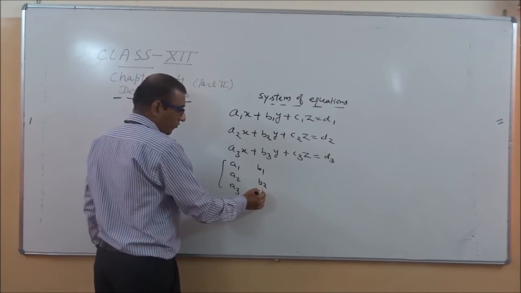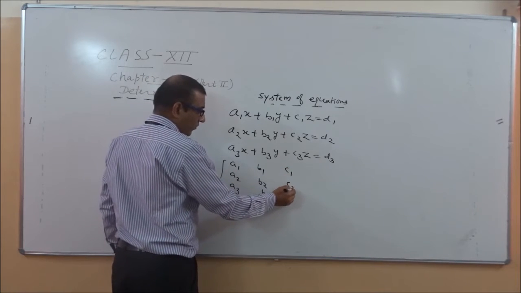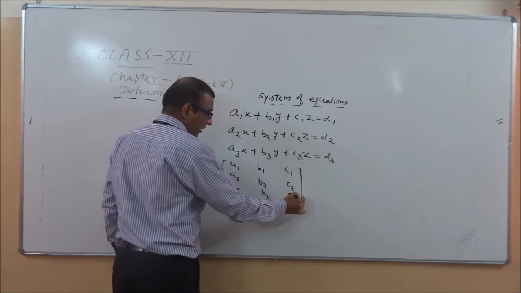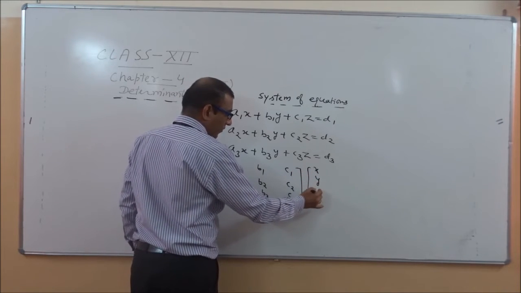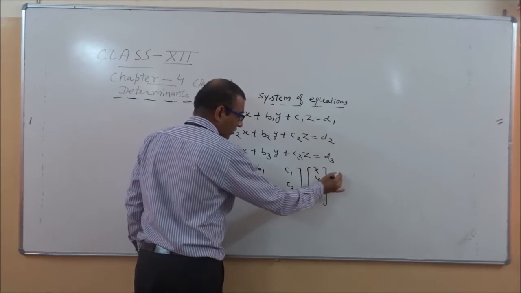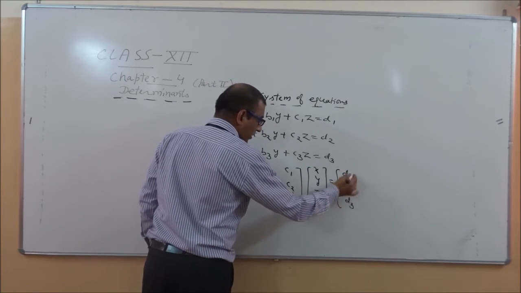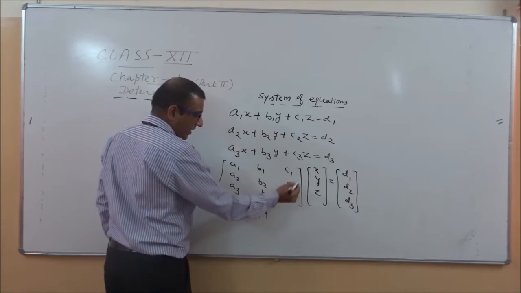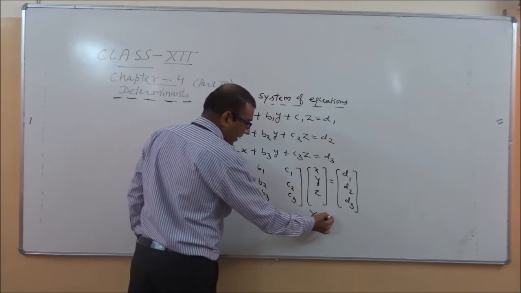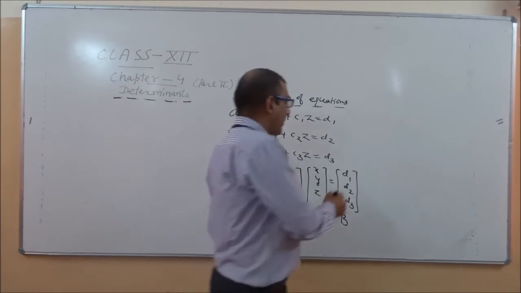B1, B2, B3 are the coefficients of y. C1, C2, C3 are the coefficients of z. And here we will write x, y, z equals D1, D2, D3. It means the first matrix is capital A, the second matrix is capital X, and the third matrix is capital B.